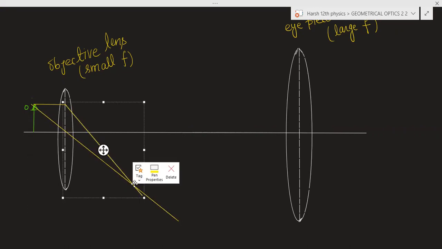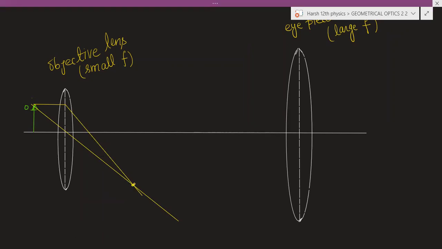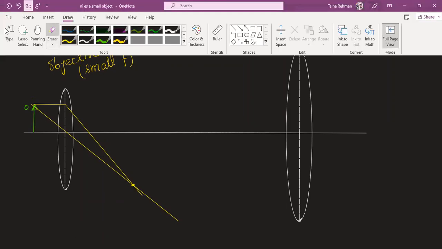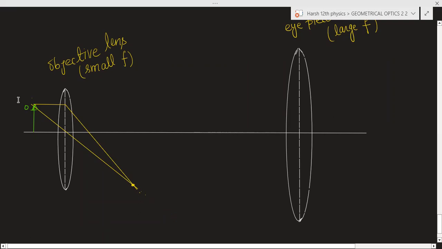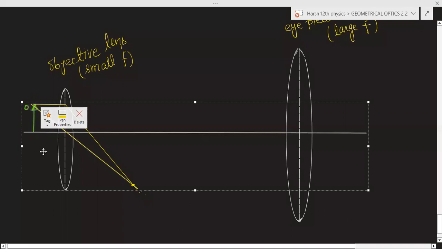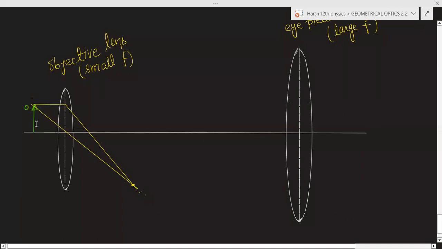Now here the image is forming, you can see. Here the image is formed by which lens? By the objective lens. The objective lens is producing the image first of the object. This is the object that you are seeing in the compound microscope.